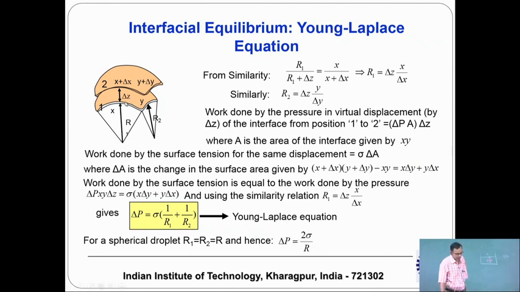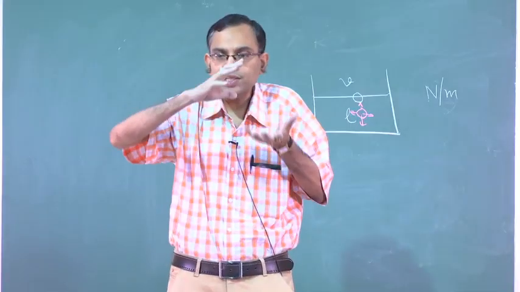The radius of curvature of one curve is r1, and the radius of curvature of the other is r2.